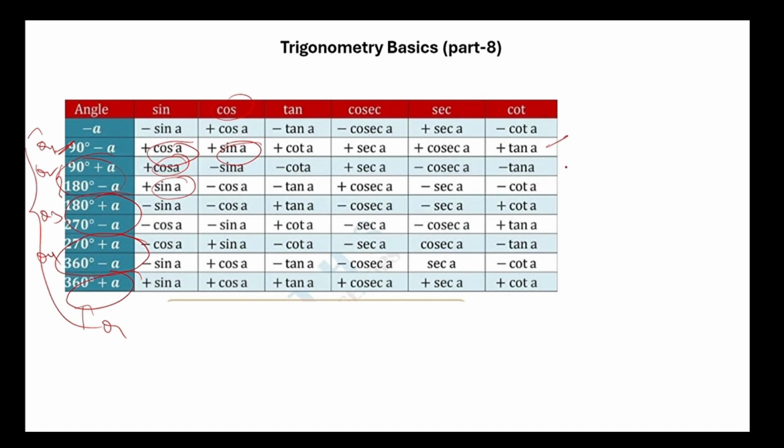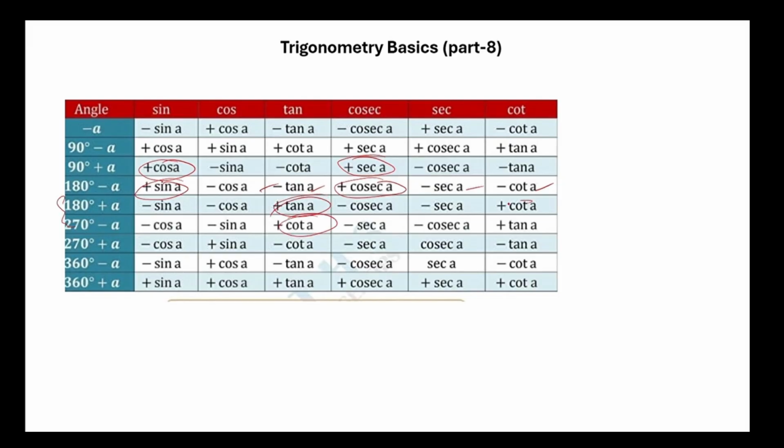Next, in what case does sine become cos, cos become sine, tan become cot and cot become tan? We have two possibilities: 90 plus or minus theta, or 270 plus or minus theta, and on the other side, 180 plus or minus theta and 360 plus or minus theta. So we should know when it is positive and when it is negative.